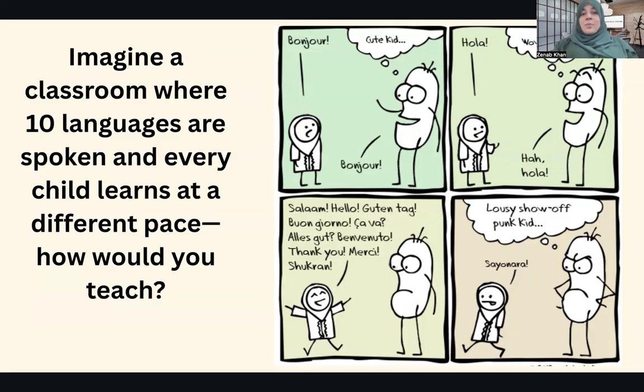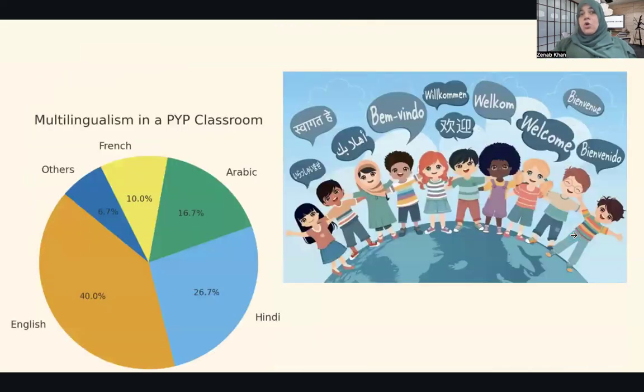So, when we talk about this scenario, let's see something about all the classrooms. When we talk about mixed ability classrooms, this is what it really looks like. Let's pause here and look at the linguistic diversity in a typical IBPYP classroom.